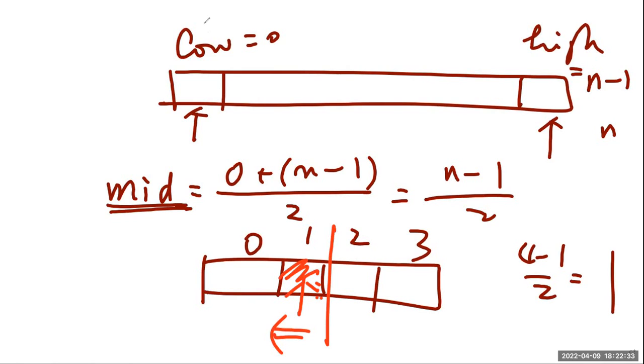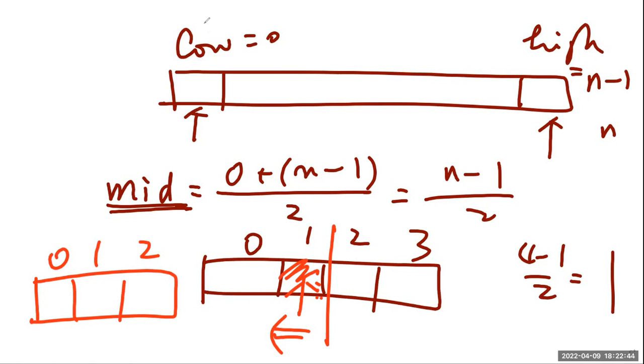So it's different from the previous one, where the mid value is on the right-hand side, the bigger side. If it is an odd number, say 0, 1, 2, then 3 minus 1 is 2, divided by 2 is 1. It is still the middle one. So an odd number still gives the middle one, and an even number gives the middle one on the left-hand side, the smaller side.